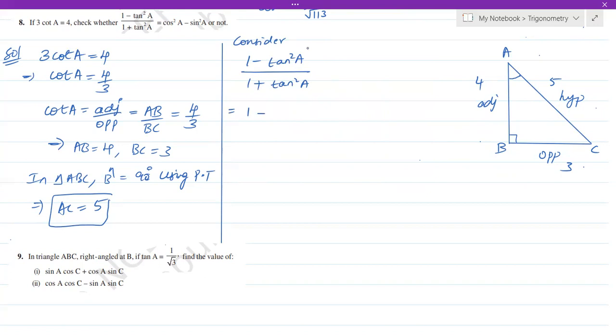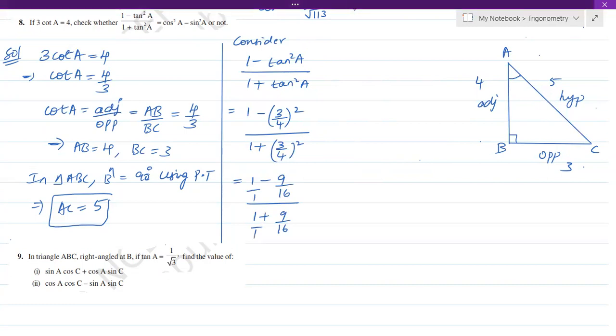It's simple, it is the reciprocal of cot. Cot is 4 by 3, so tan will become 3 by 4. Since it is tan square, after substituting value, let's square it. Same thing in the denominator, 1 plus 3 by 4 the whole square. So it becomes 1 minus 9 by 16, divided by 1 plus 9 by 16.